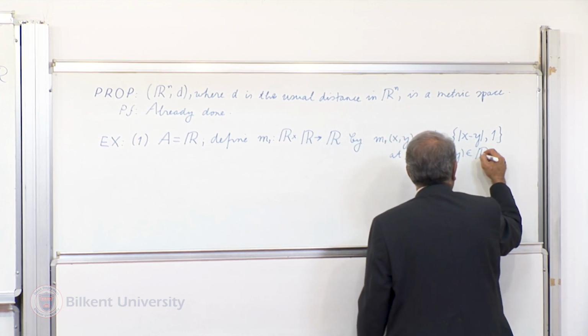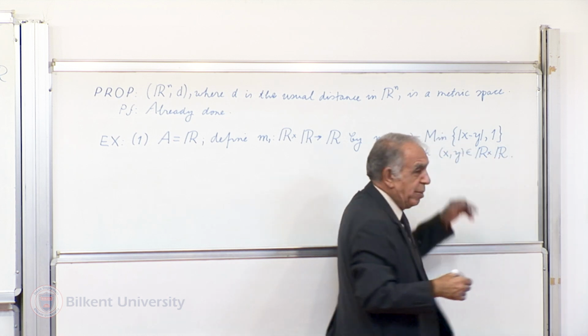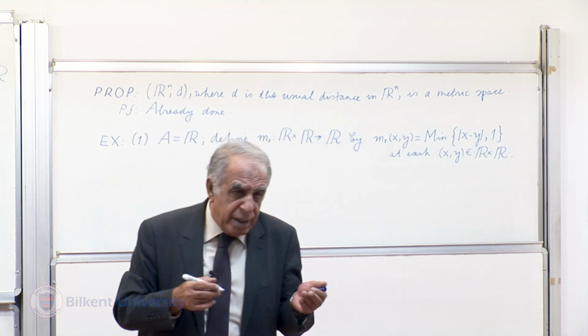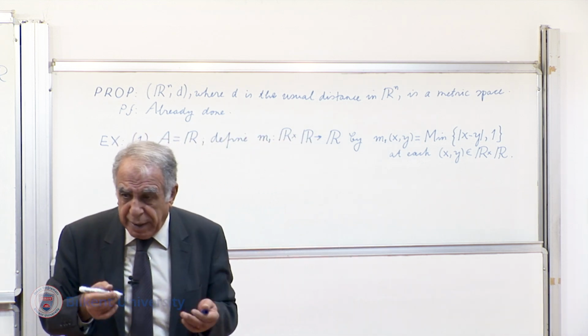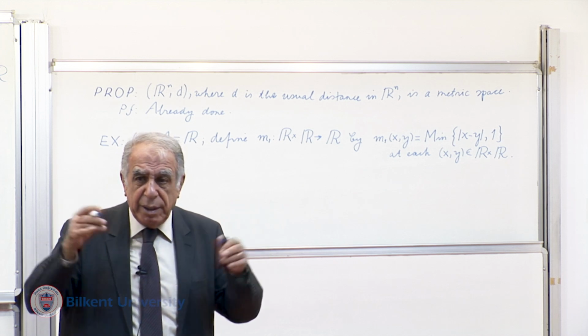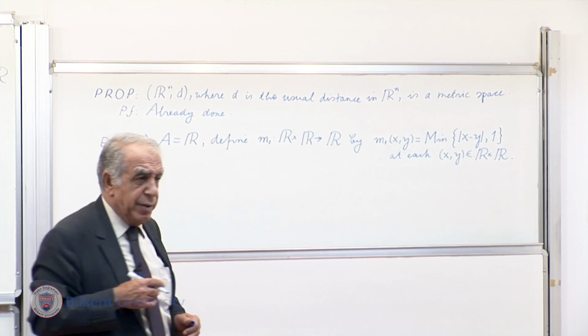Now, in fact, the absolute value of x minus y, well, that's just the norm of x minus y in R, because in one dimension, the usual norm reduces to the absolute value.